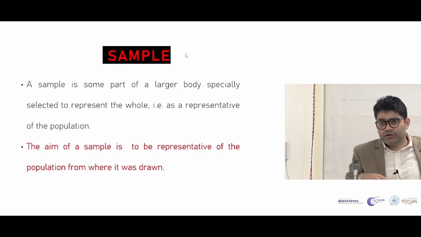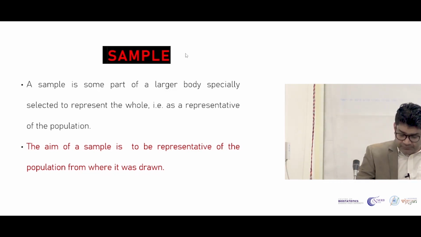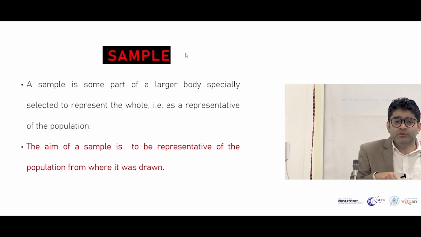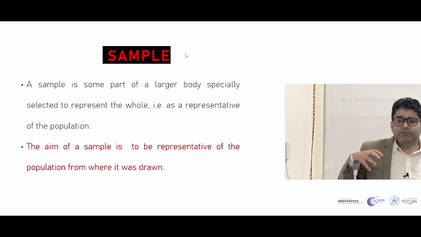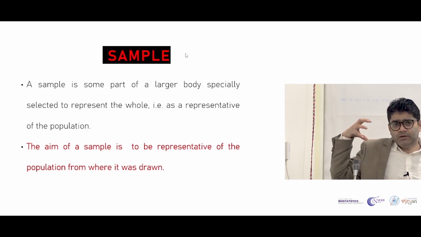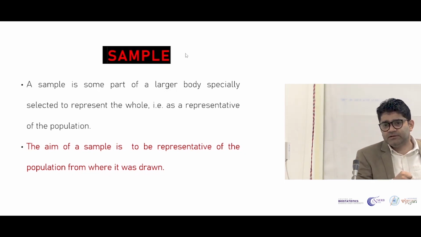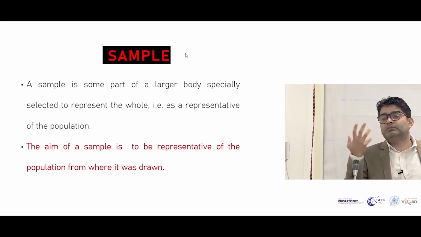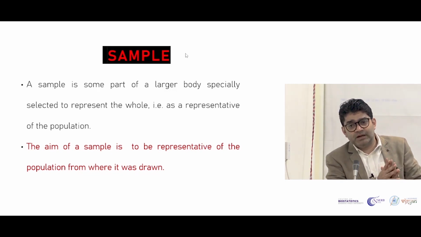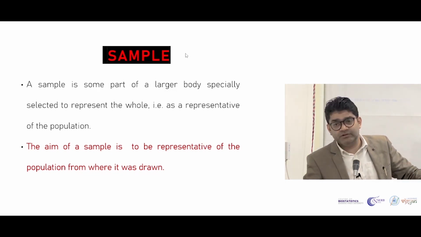Okay, so if you want to study the attribute of a medical student, and instead of choosing a sample from IMS in BHE, we have chosen a sample of students from fine arts, the sample is not representative of the population. Whatever inference we get will not be representative. Okay.